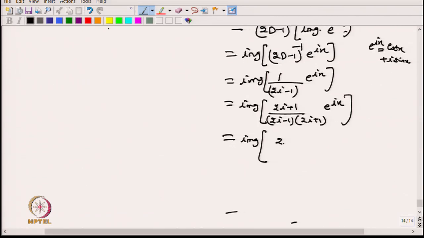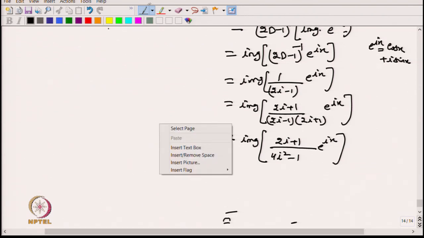So, it becomes 2i plus 1 over 4i square minus 1, e raised to power ix.